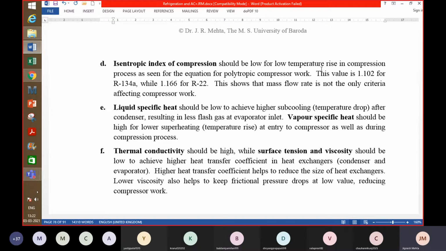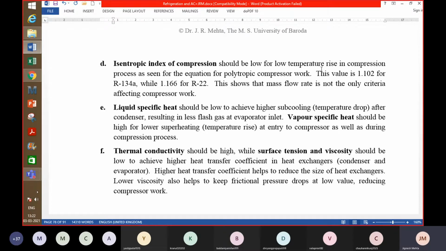I'm not saying that for the same refrigerant, the liquid specific heat should be higher than vapor specific heat or vice versa, right? That's the characteristic of that refrigerant itself. But if we are comparing two different refrigerants, then the favorable thing will be that the liquid specific heat is low and vapor specific heat is high.